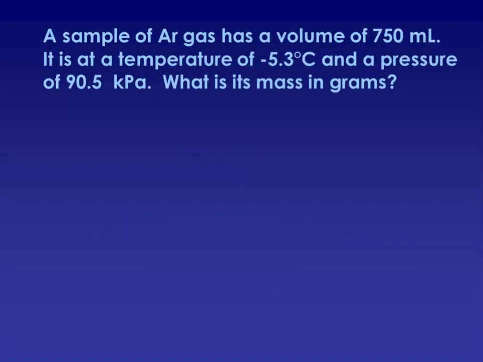So this ideal gas law problem is going to involve several conversions. We have an argon gas that's at a volume of 750 milliliters. It's initially at a temperature of negative 5.3 degrees Celsius and a pressure of 90.5 kPa, and we want to find its mass. Well, in our ideal gas law, there's only one quantity that has anything to do with amount, and that would be n.